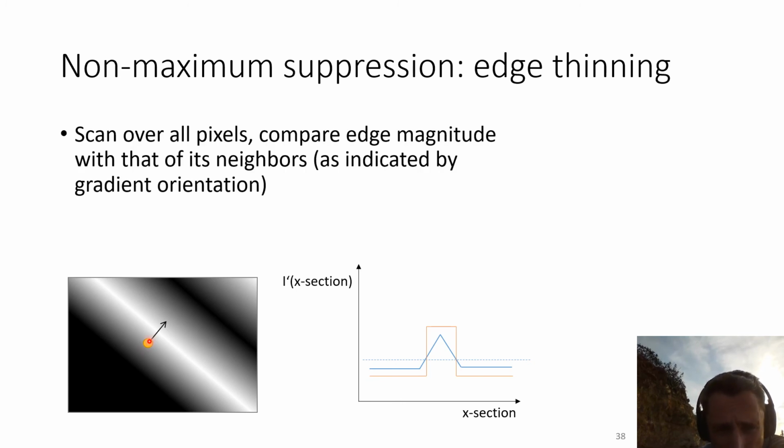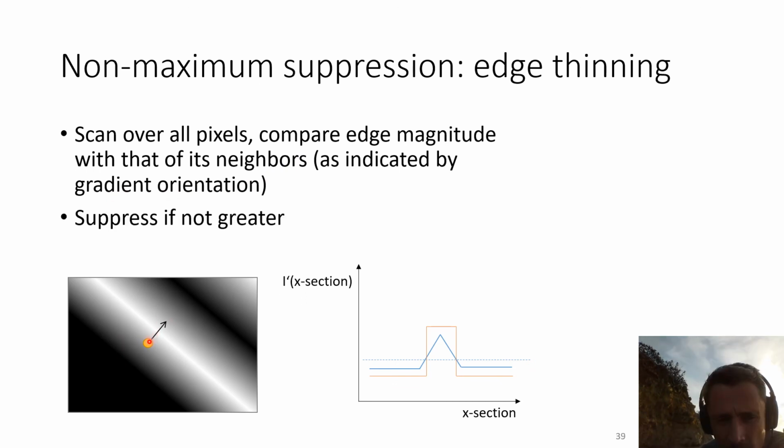So scan over all pixels, compare the edge magnitude, remember that matrix G, with that of its neighbors, and we'll only use those neighbors along the image gradient direction. Neighbors then are discretized into 8 different neighbors, so we'll just have to observe 2, right? So 1 in this direction and 1 in this direction. And we'll suppress this pixel if it is not greater than any of those.